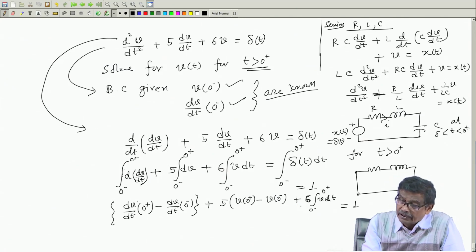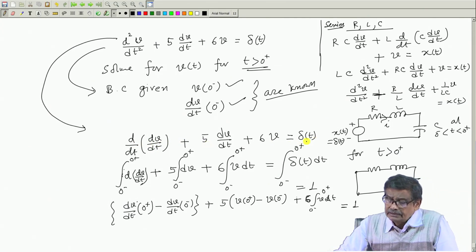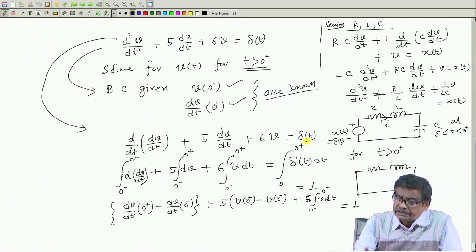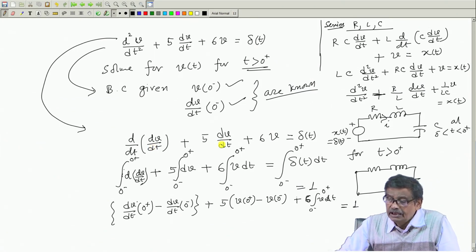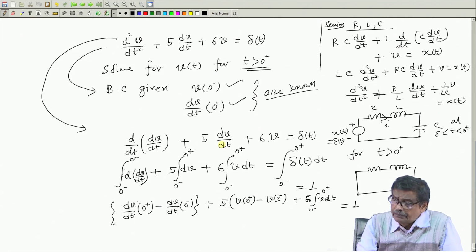Now, I told you last time, in a second order situation like this, with the right hand side delta(t), which of these, that is v, dv/dt or d2v/dt2, will have a step jump. V cannot have a step jump.